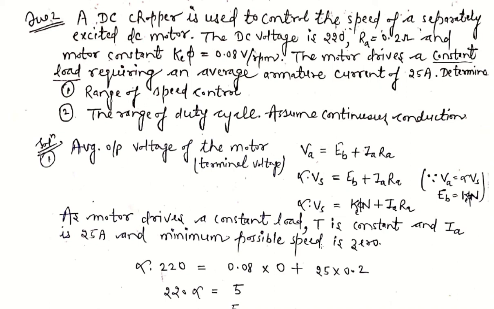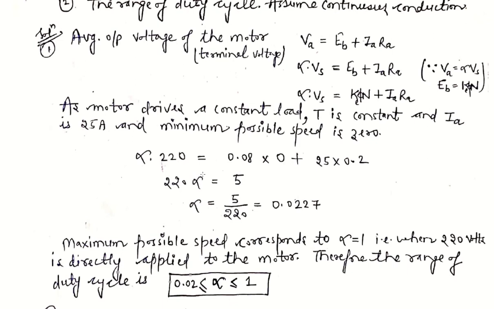Putting n equal to 0 rpm, Ia equal to 25 amperes and Ra equal to 0.2 ohm, we can calculate the duty cycle of the DC chopper. It is calculated to be 0.0227. This corresponds to the minimum speed.